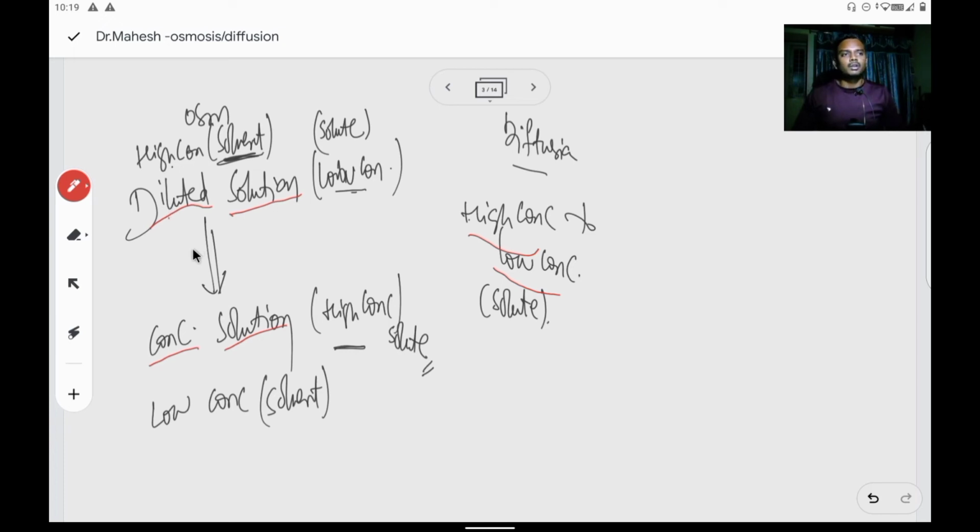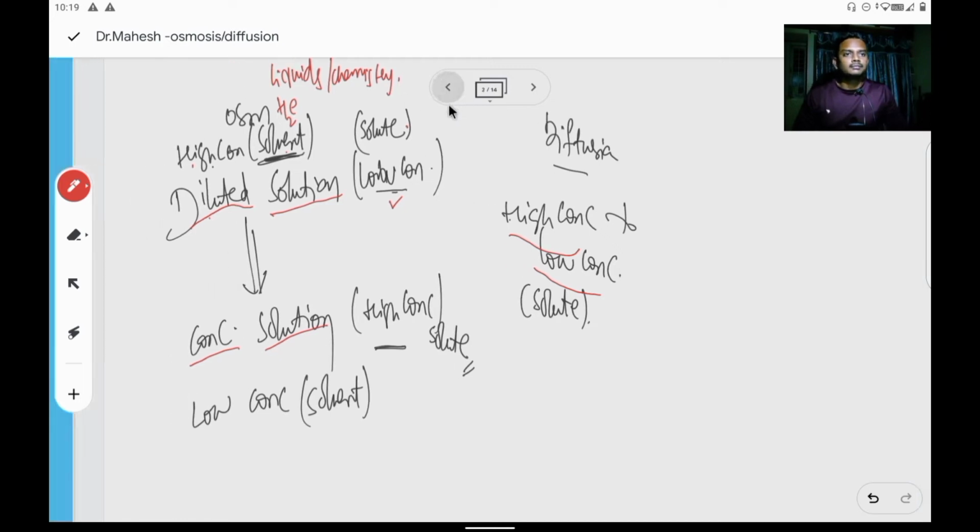Diluted means more water, means less concentration, means low concentration in terms of solute. If they say high concentrated, that becomes in terms of solvent, meaning water. In most biology topics, solvent is water. In chemistry, some other liquids may act as solvents.